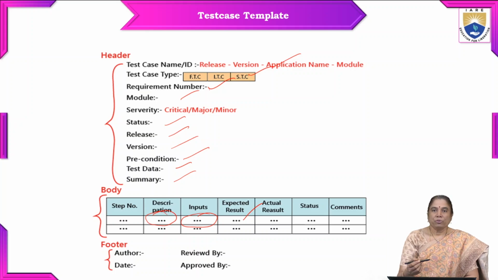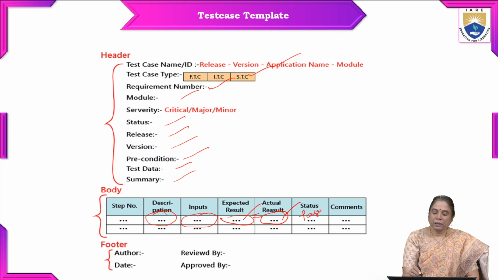After execution and availability of the code, the results that we get during execution are generally referred to as actual results. If this expected result and actual result are the same, then the test status is pass.